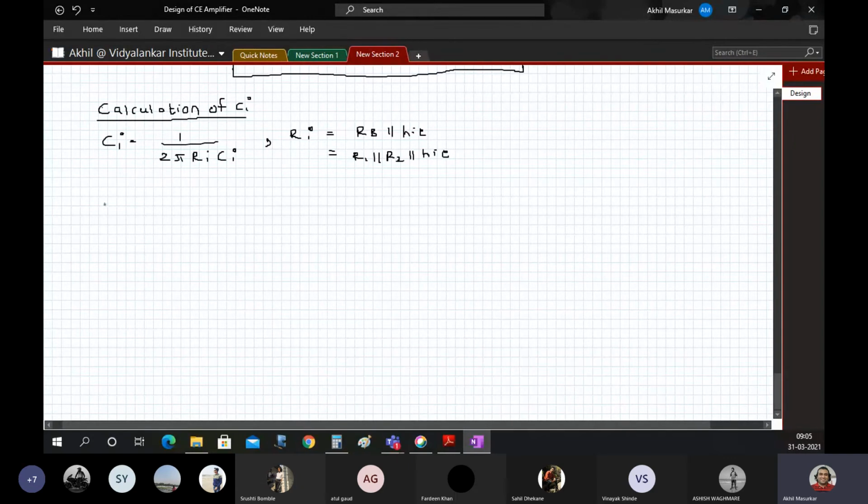So first we have to calculate Ri, which is going to be 12K parallel to 47K parallel to 2.7K. So whatever this value is, and then Ci is equal to 1 upon 2 pi into whatever is the value of Ri into fL into 20.